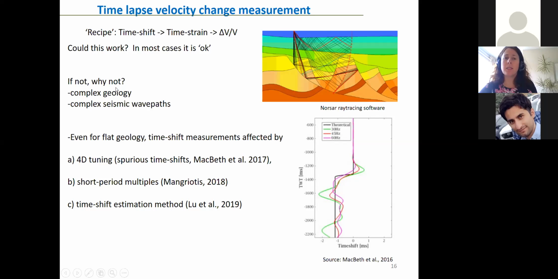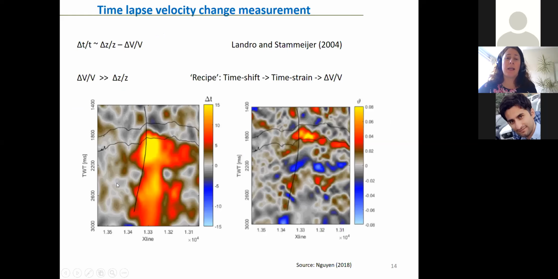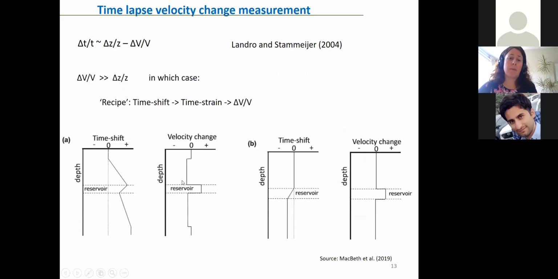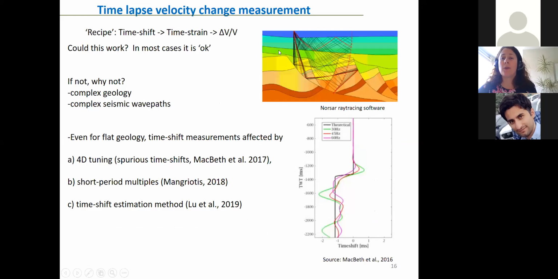So why wouldn't it work? Okay, so the truth is, the subsurface looks more like that, right? It's not a 1D problem where velocity only varies with depth and stays constant in space. You have all this complex structure, and at the same time, this is reflected in very complex seismic wave paths.